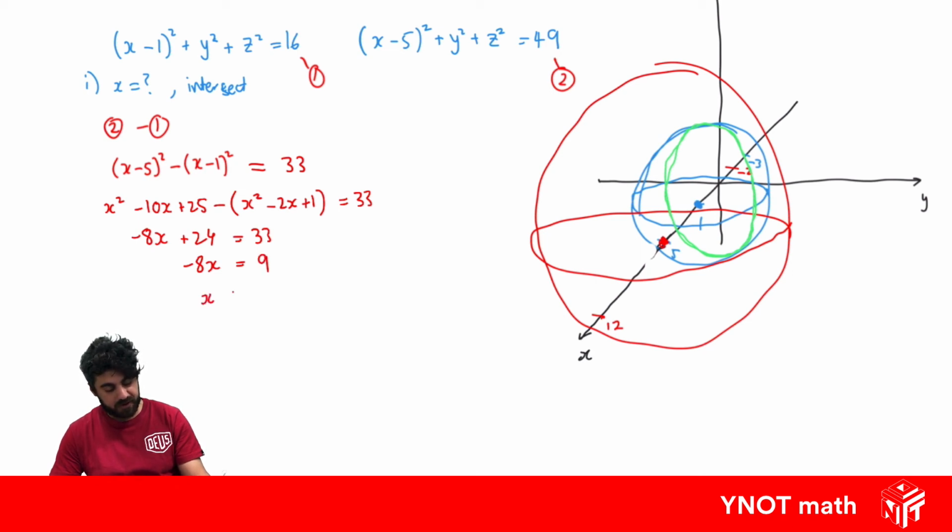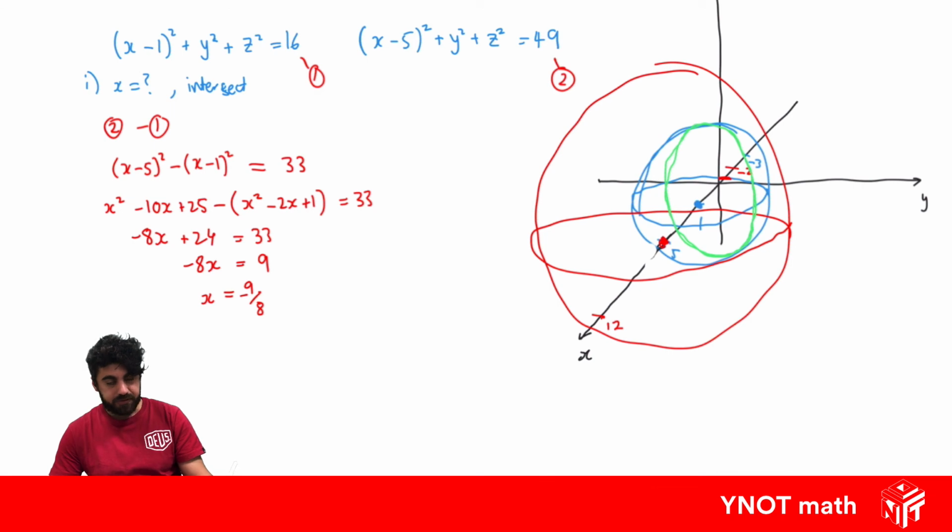Divide both sides by −8, so we get x = −9/8. And what that tells us is that when x equals −9/8, somewhere about here, that will be the center of this intersecting circle.